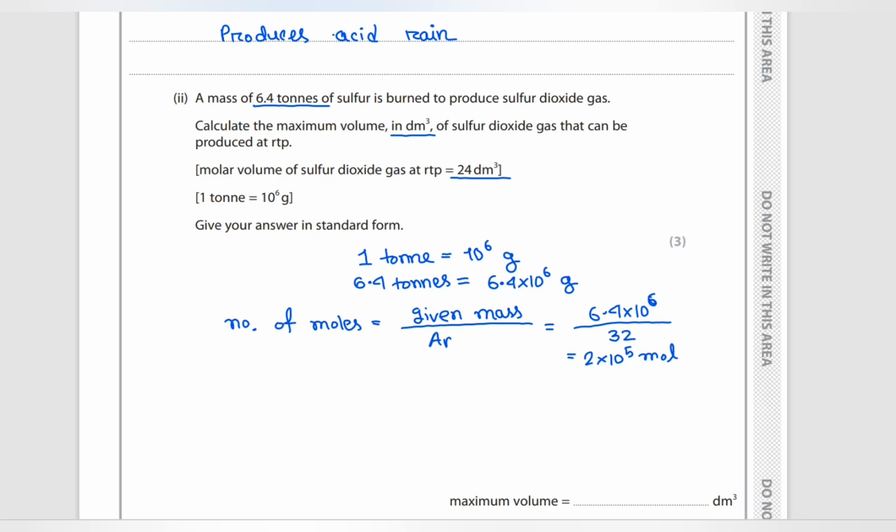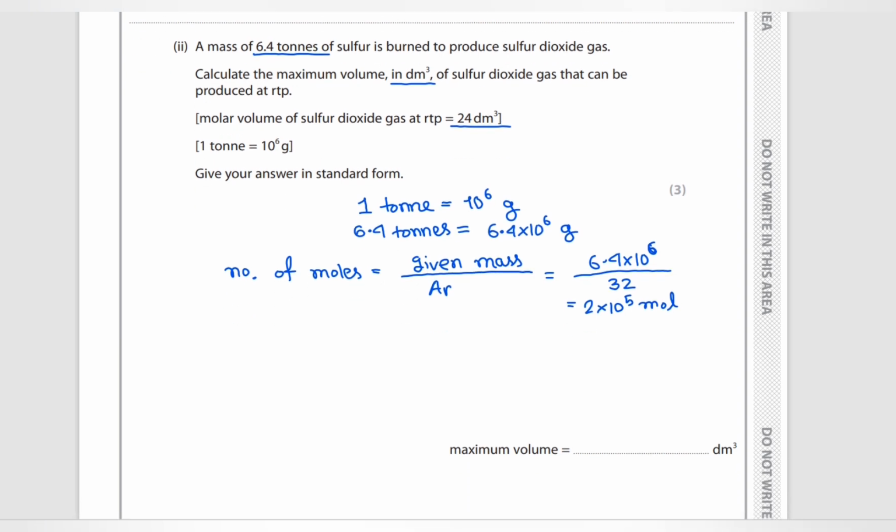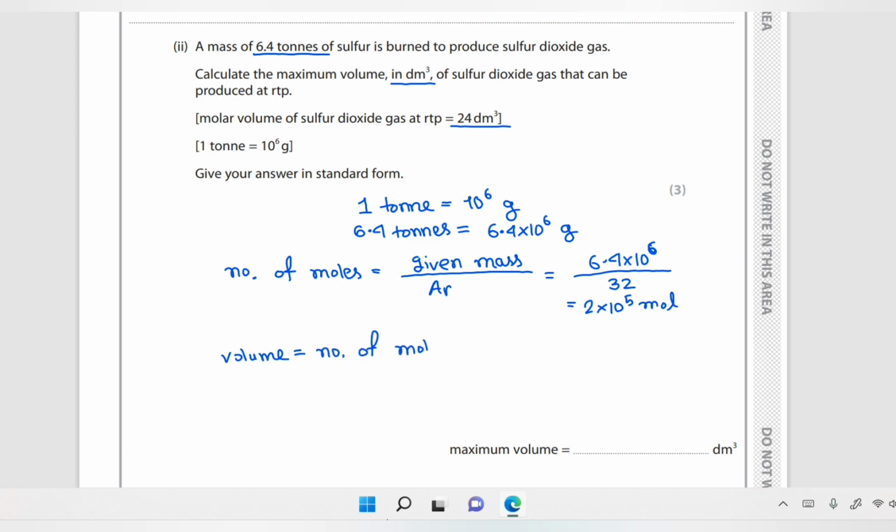And to find the volume of sulfur dioxide produced in decimeter cube, you multiply this by the molar volume. So volume is number of moles times molar volume, that is 2 into 10 to the power 5 into 24 decimeter cube.